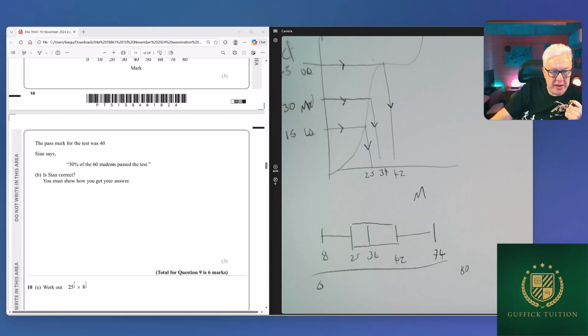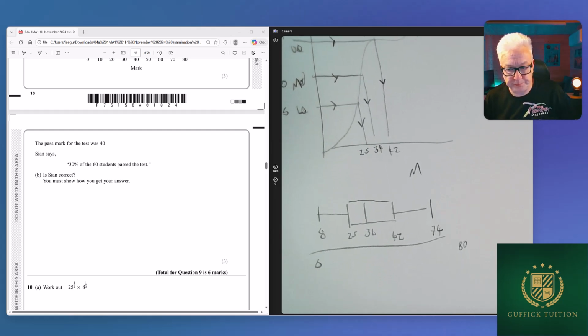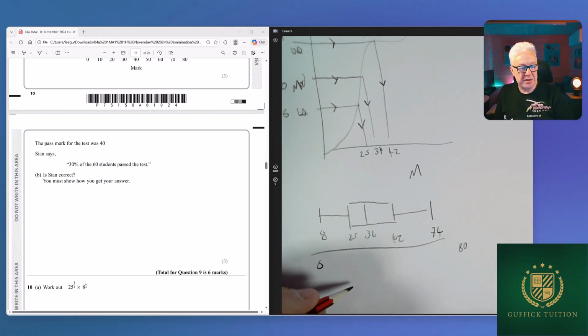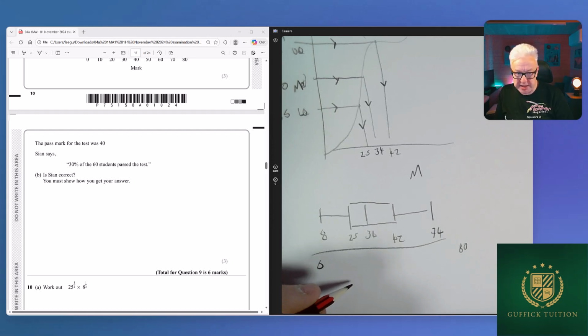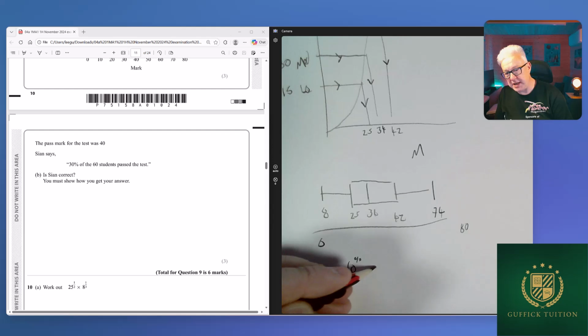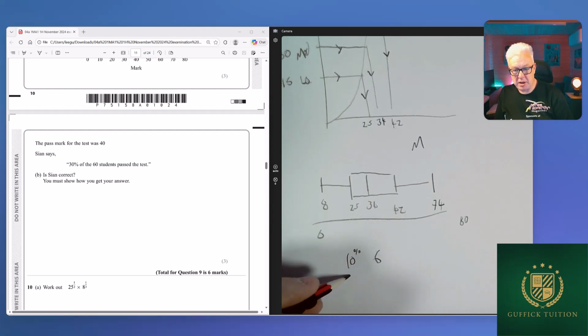So let's have a think about this. Cyan's thinking that 30% of the 60 students passed the test. So how many people would need to pass the test? 10% of 60 is 6. So 30% is going to be 18.